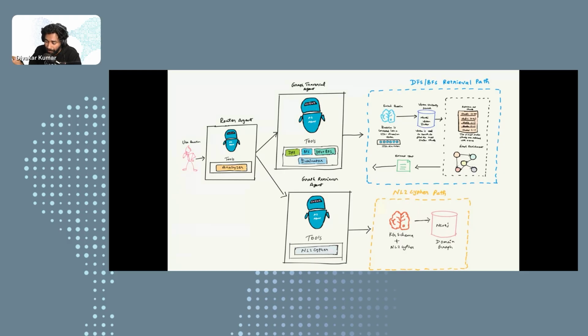And as I said before, the question the user asks is not always a simple, straightforward question. It could contain multiple questions in a single question. So in that scenario, you just need to decompose the task, break it into individual questions, run this NL2Cypher tool to retrieve those individual results, consolidate them, and finally get back to the user.